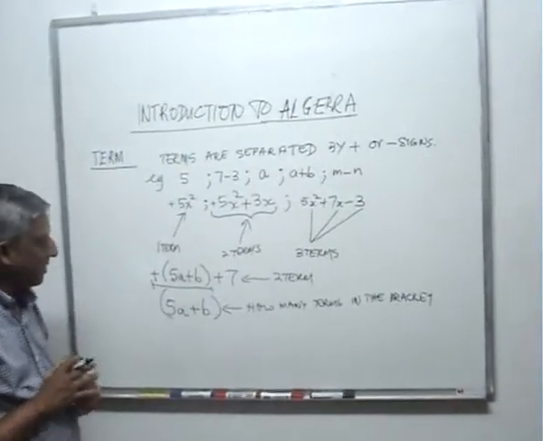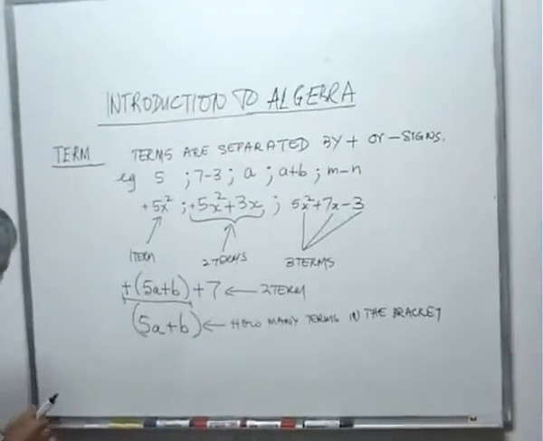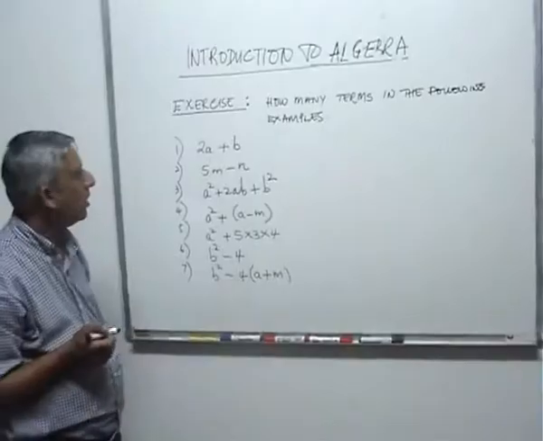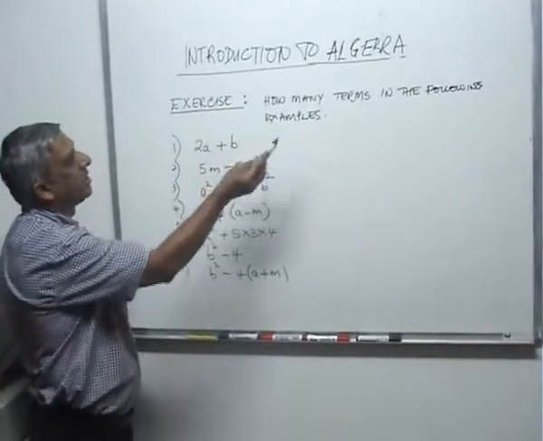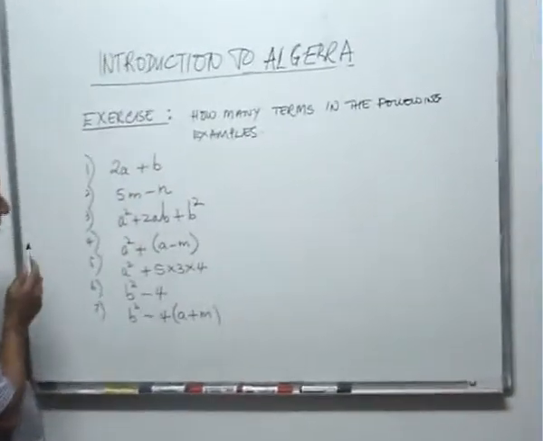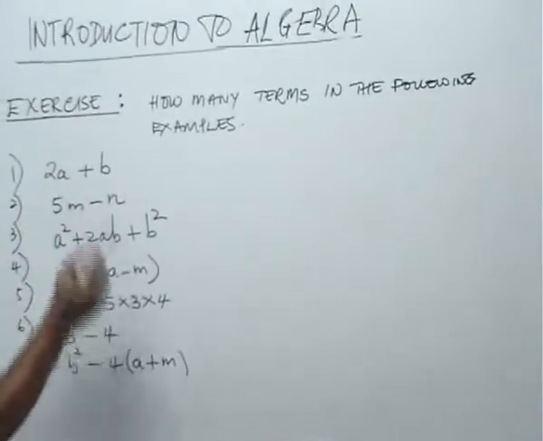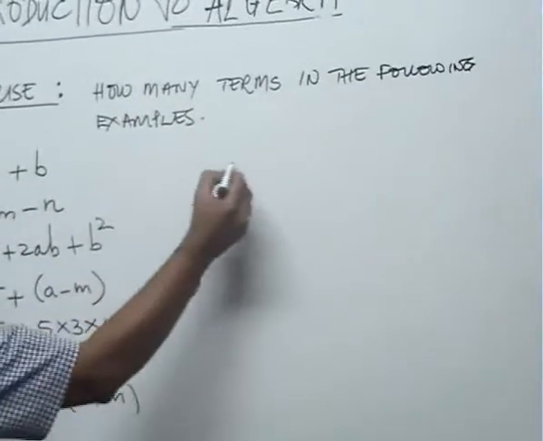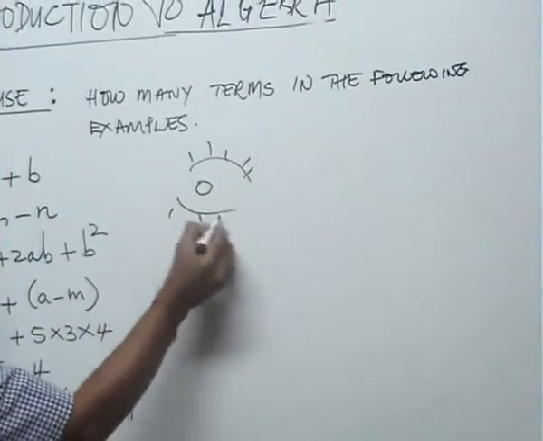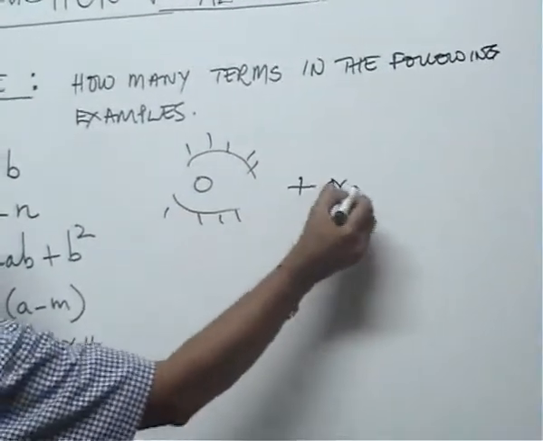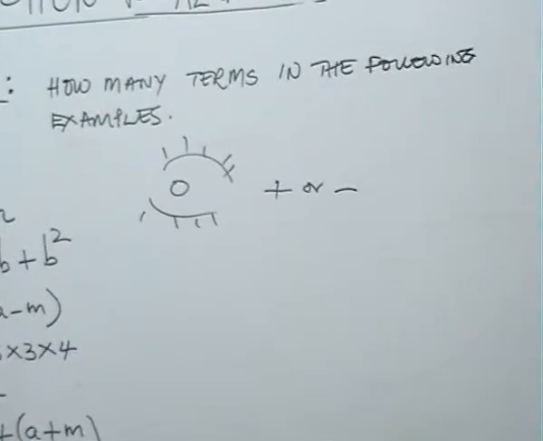Alright, so we've stopped there and let's do a little exercise. How many terms in the following examples? Now, if we're looking for terms, then we are on the lookout for plus or minus signs.